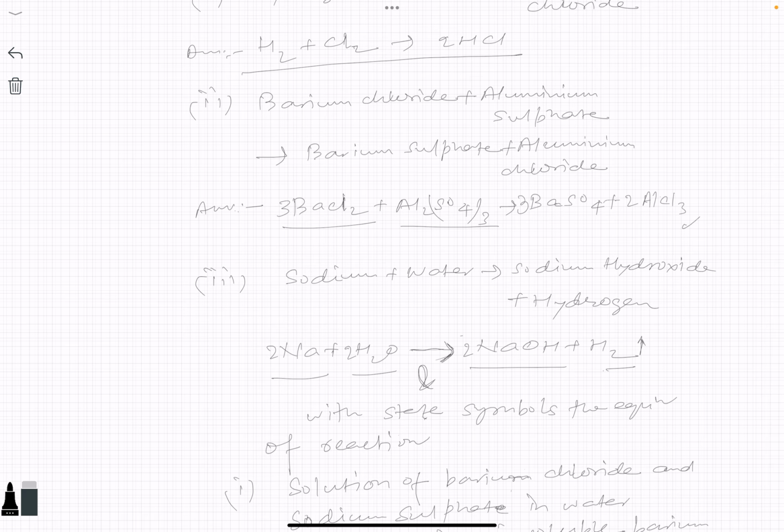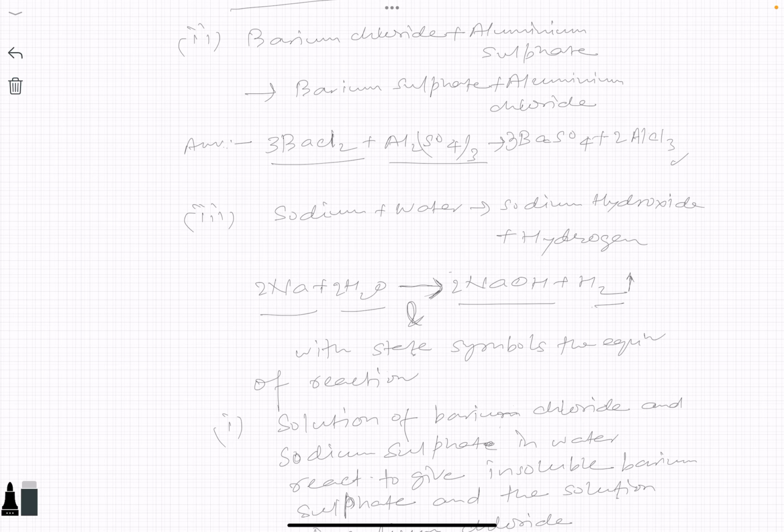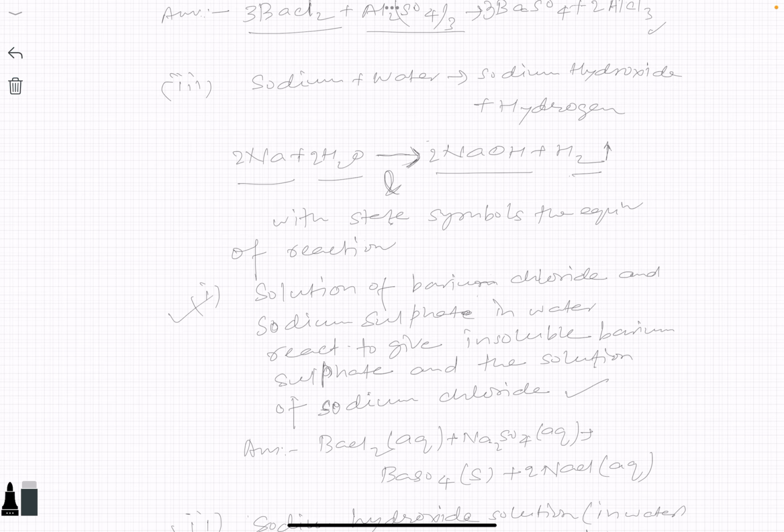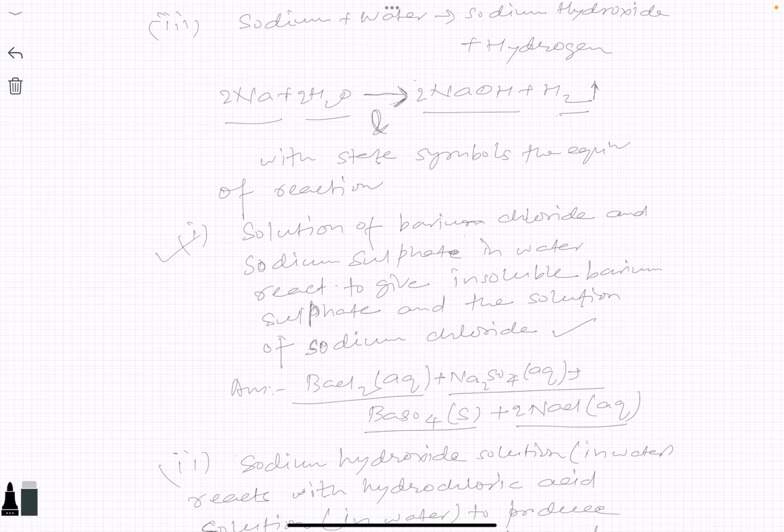H2. With state symbols, write the equation for the reaction: a solution of barium chloride and sodium sulfate in water react to give insoluble barium sulfate and a solution of sodium chloride. How will it be written? It will be written as BaCl2 aqueous plus Na2SO4 aqueous gives BaSO4 solid plus 2NaCl aqueous.